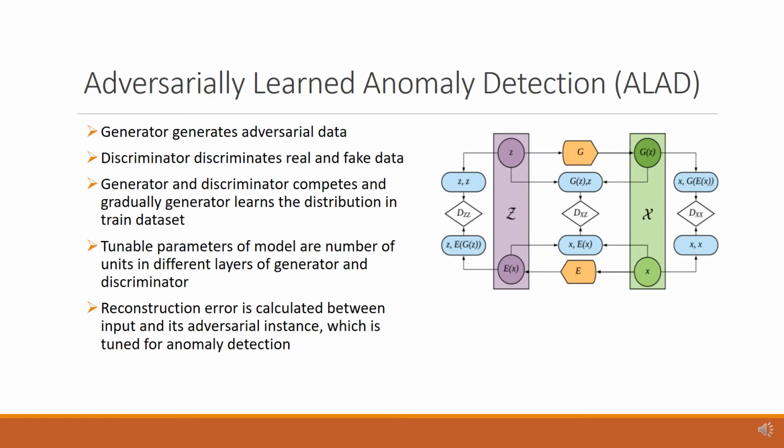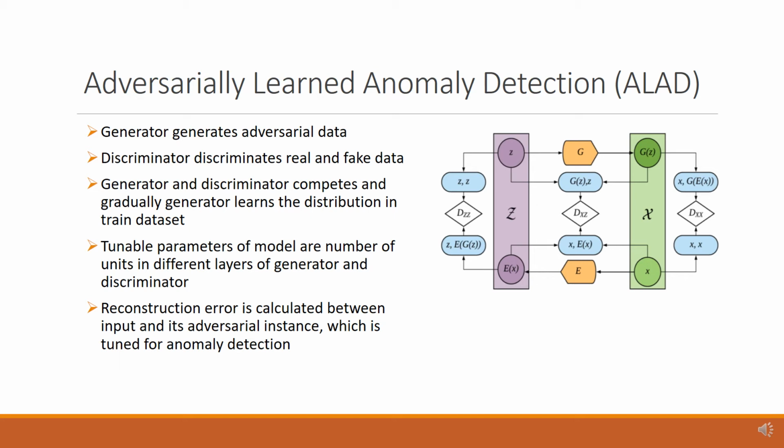So our final method is adversarially learned anomaly detection, ALAD. This is a BiGAN based method. Like all GANs, we have also generator and discriminator. Generator generates adversarial data, and discriminator discriminates between real and fake data. We are saying adversarial for fake data.